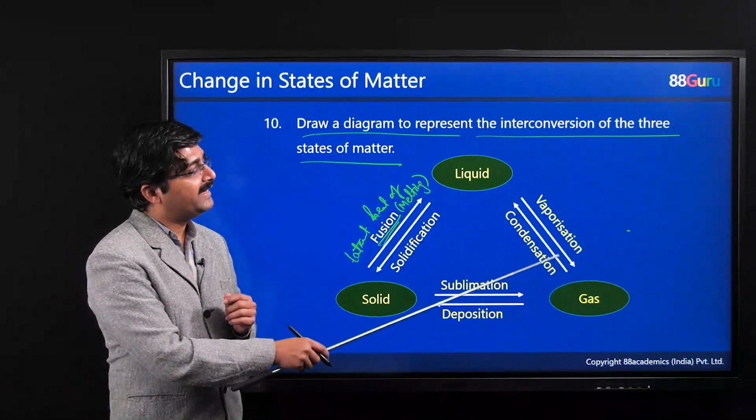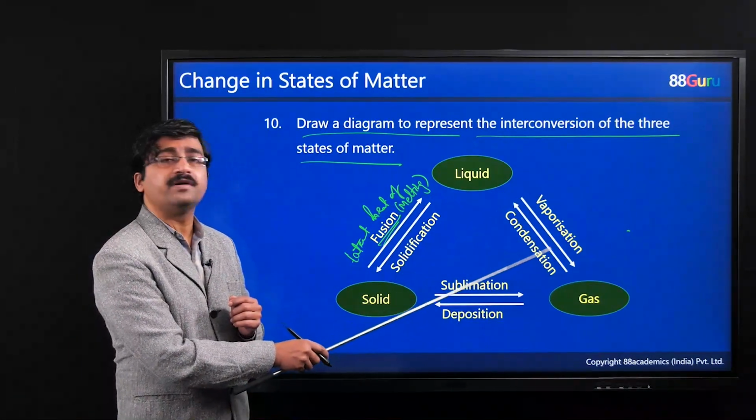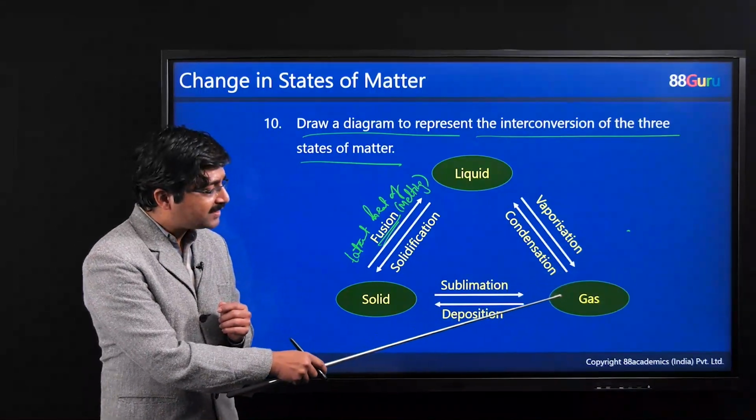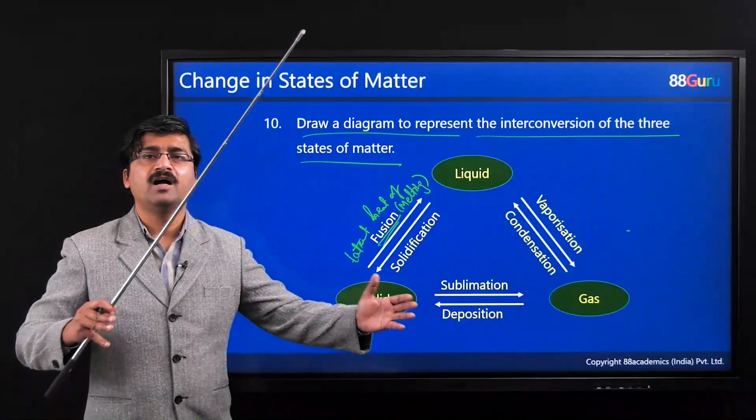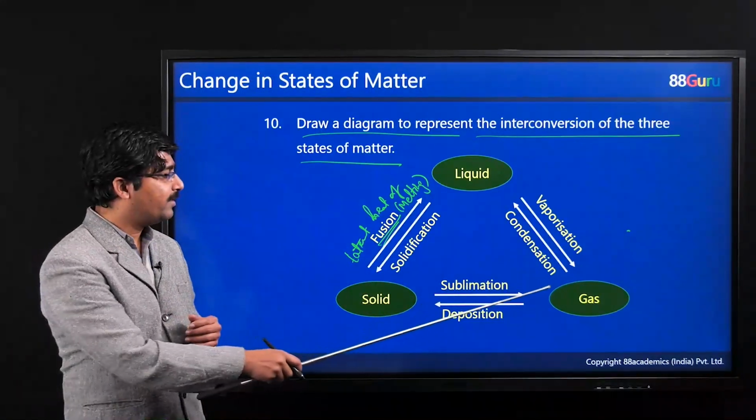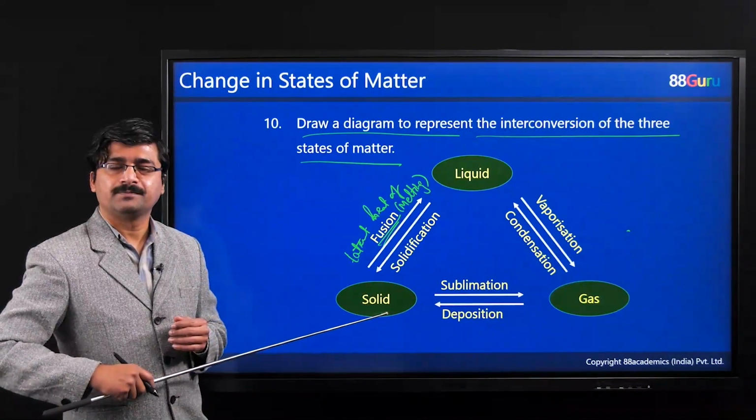Liquid can be further heated to form gas on vaporization. Gas can be further solidified. Gas molecules are very far apart, they can be brought closer when they are condensed.